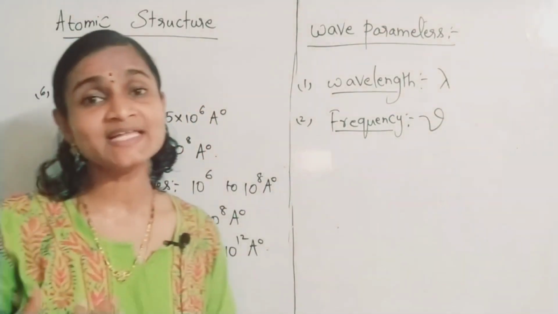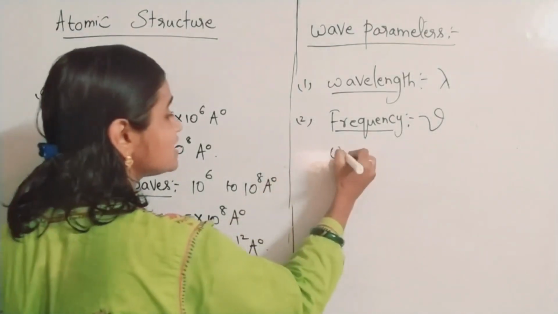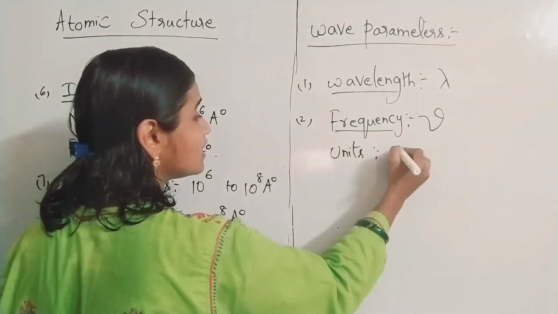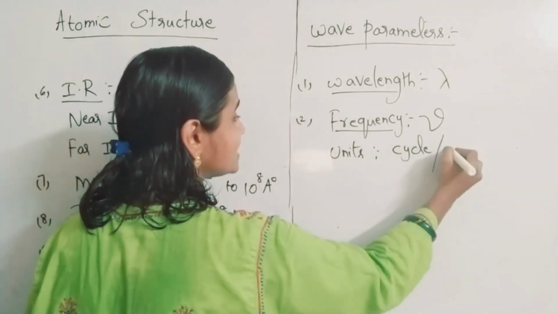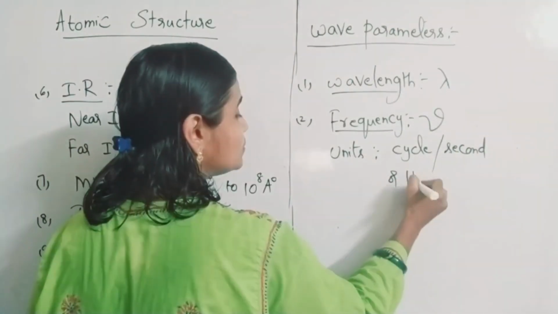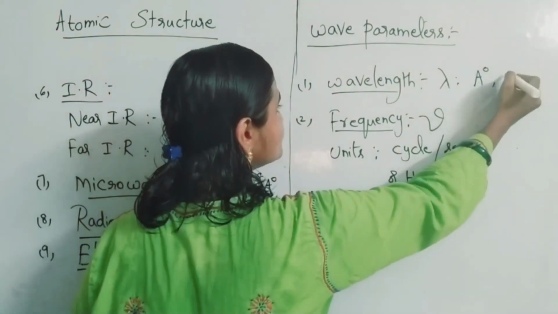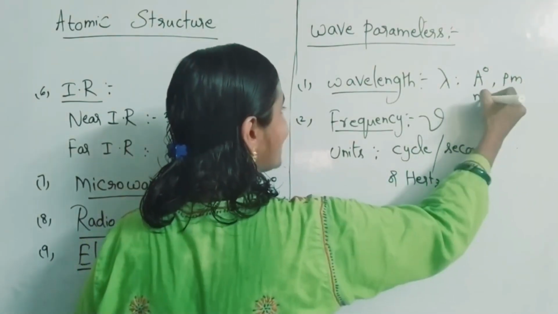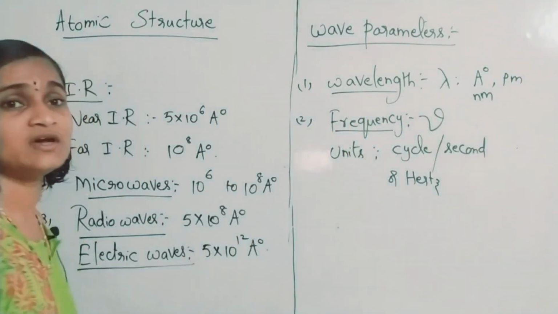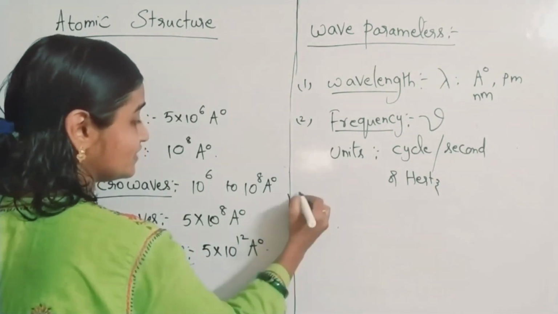The number of cycles made by a wave in 1 second is called frequency. The units are cycles per second or hertz. For wavelength, the units are angstroms, picometers, nanometers, all those are units for the wavelength of a wave.